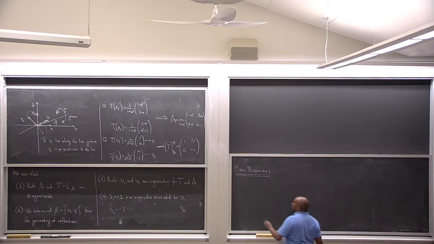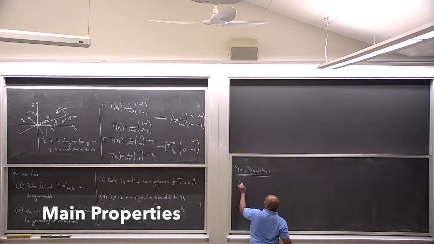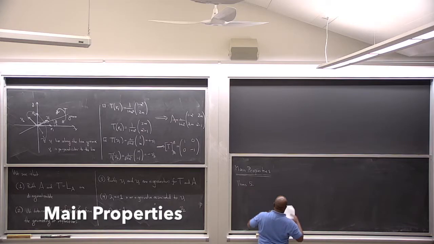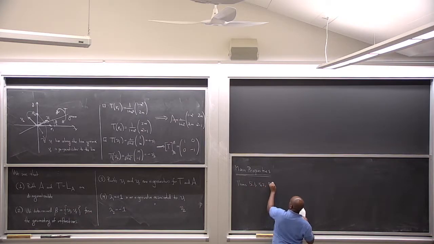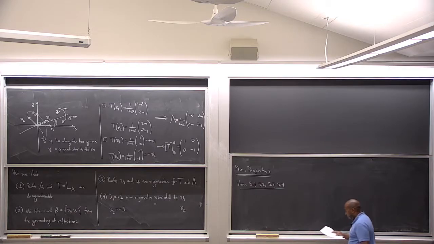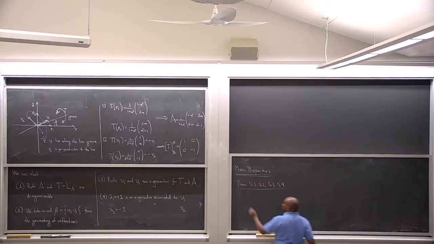So in the book, these are actually 4 theorems together. Theorems 5.1 through 5.4. But we'll just think of them all as one. So of course, we're going to fix a linear transformation.